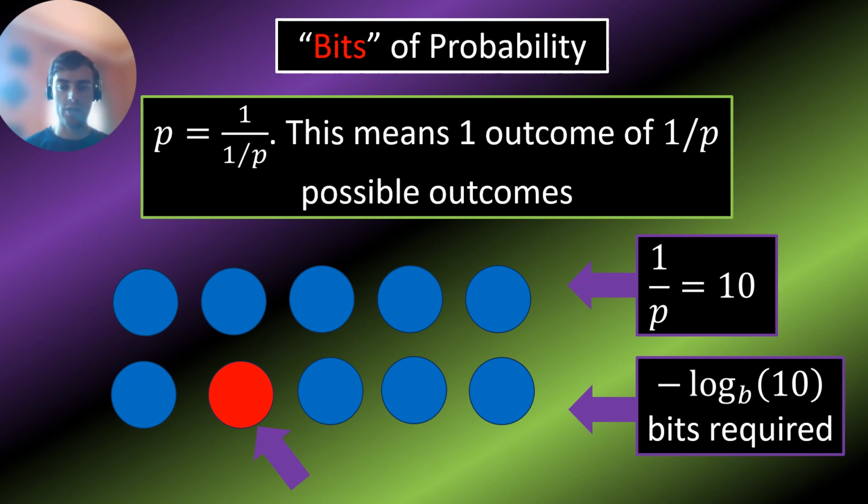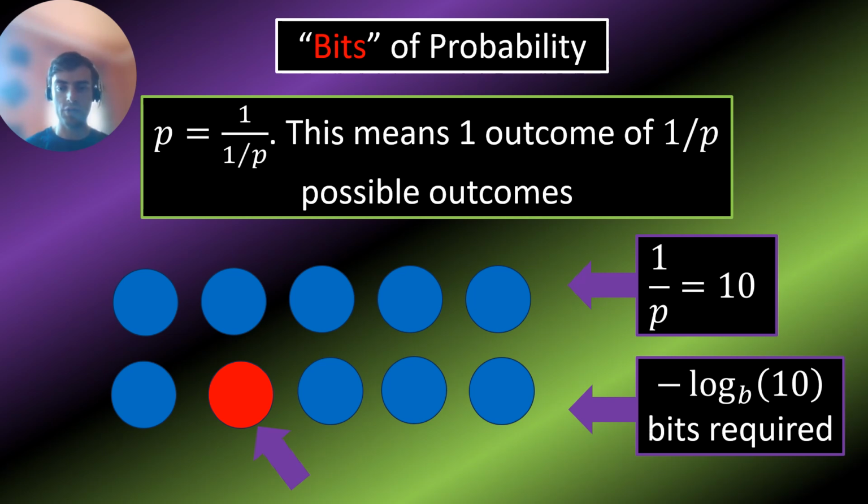And that's a representation of probability. You could use this picture of one red circle out of however many circles, 1 over p circles, where p is the probability, to represent a general probability. You can always represent it in that way.